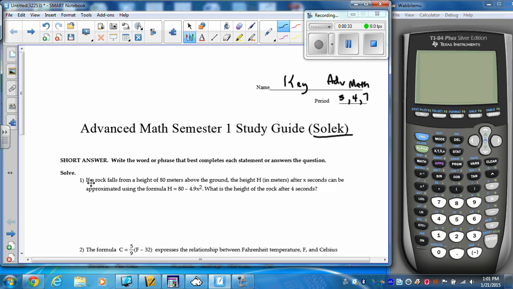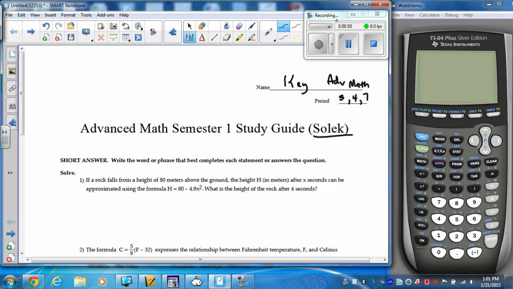answers the question. So if a rock falls from a height of 80 meters, that's where this 80 comes from, above the ground, a height in h meters after x seconds. So x is the time and 4 is the time.